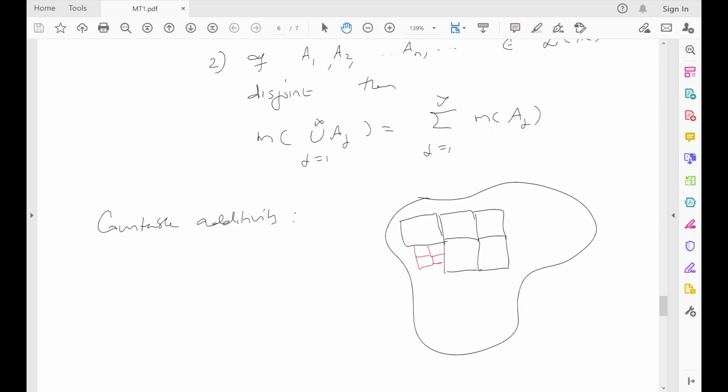That is what you mean by decreasing, and of course the limit should be simply the intersection of all the A_n. So that is A. And here we have an extra condition: the measure of A_1, it doesn't have to be the first one, the measure of any of them is finite. Then you have the limit: m(A_n) decreases to m(A).